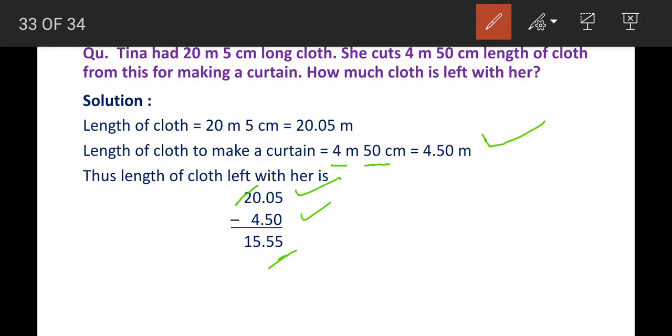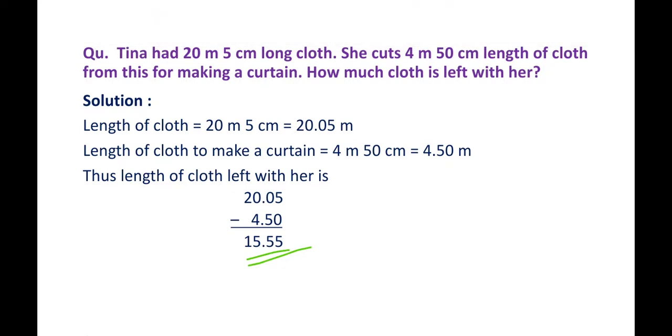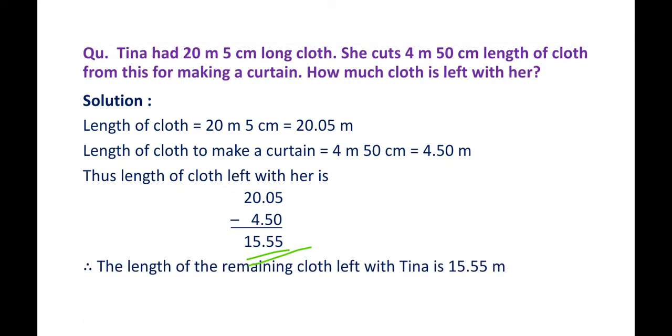So from here you borrow, 1 is left, in the previous digit 9 is left, and it becomes 10. 10 minus 5 is 5, again 9 minus 4 is 5, and here 1 is left, so it becomes 15.55. So the length of the remaining cloth left with Tina is 15.55 meter.